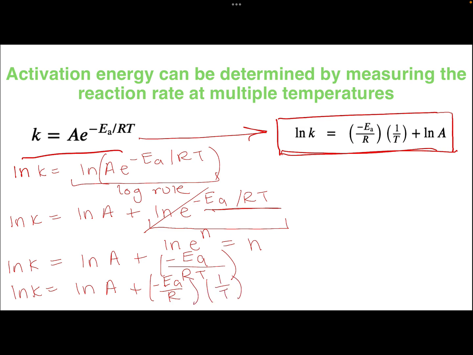I just pulled that 1 over temperature out of this term, to make it clearer for looking at this equation. And this equation is the same as what I wrote down here. It's just rearranged a little bit to make it easier to look at.